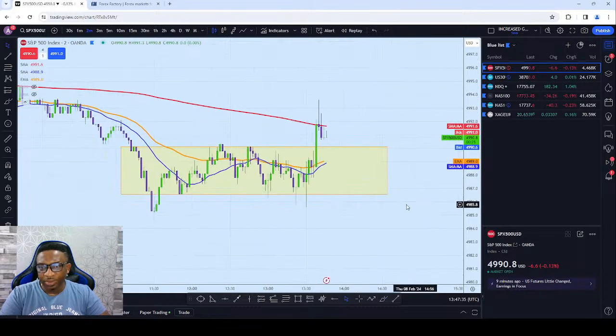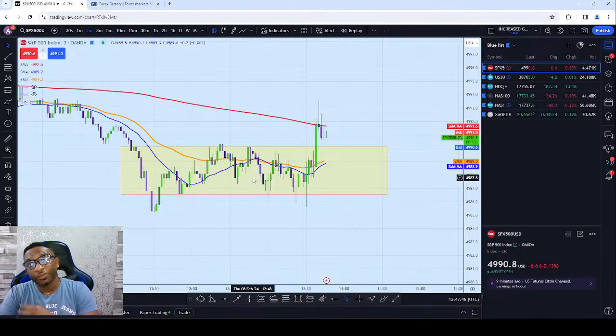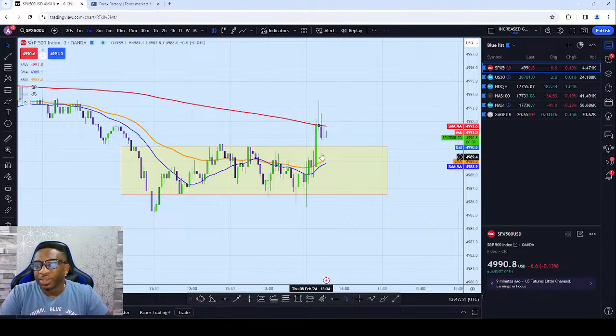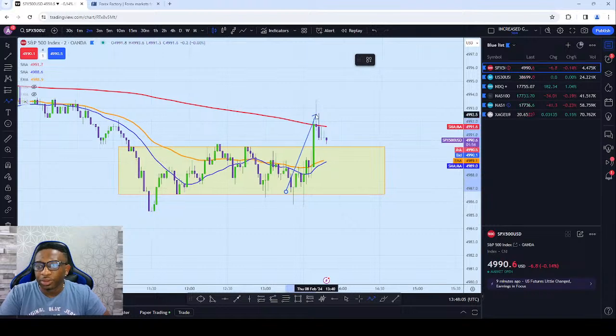So I guess SPS is also doing the same thing. We boxed price in here. Now that it broke above it, because we didn't want to trade in this trading range, just to avoid being caught up in any kind of situation. So if this area of support holds, then we can expect some upward move, which could be like this.